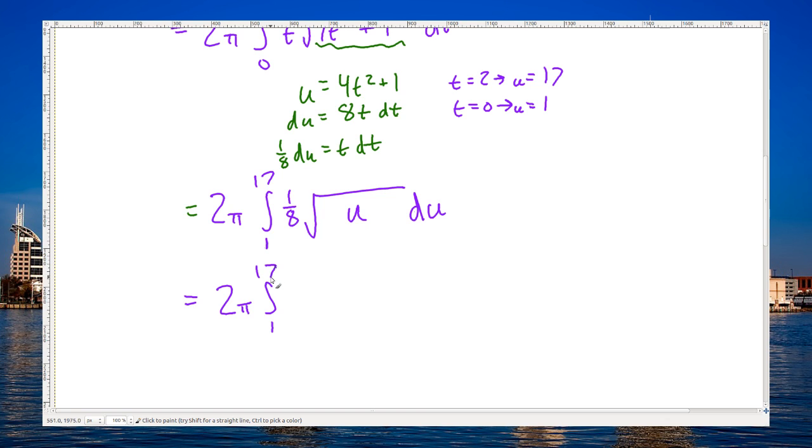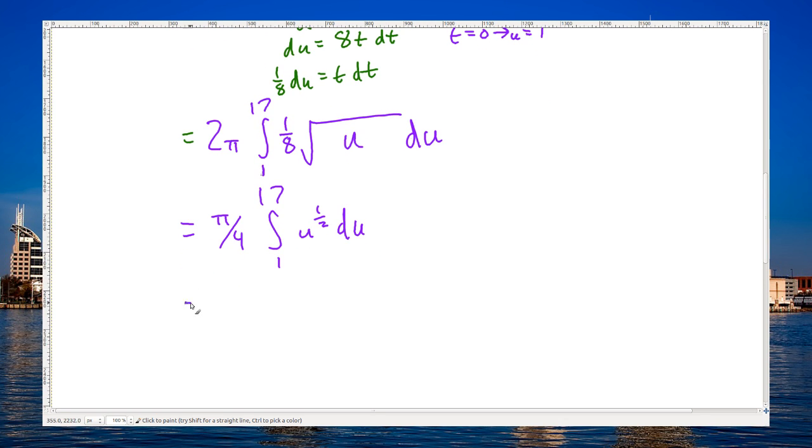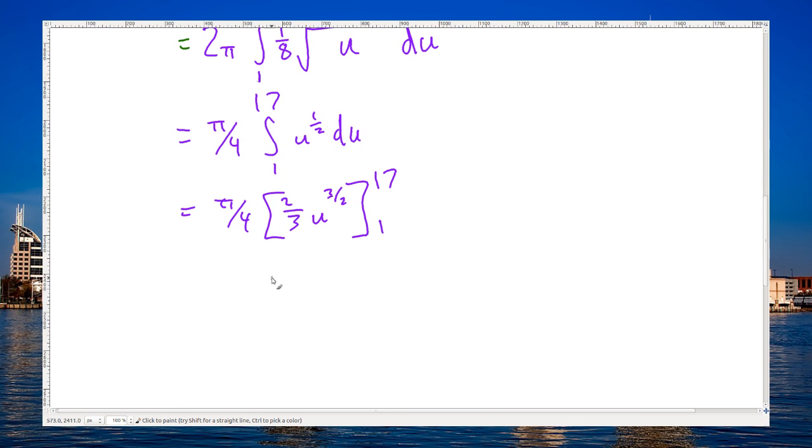So 2 pi, 1 to 17. In fact, I could pull out that 1/8 to make that pi over 4, integral from 1 to 17 of u to the 1/2 du, and that will integrate to u to the 3/2 times 2/3 from 1 to 17, and then plug in the top minus the bottom.